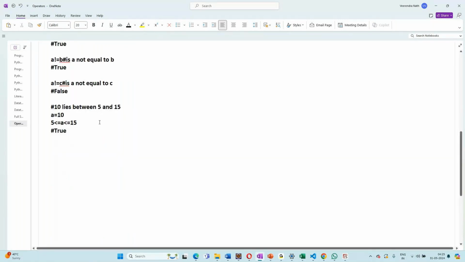Then we will talk about the logical operators. What are the logical operators?